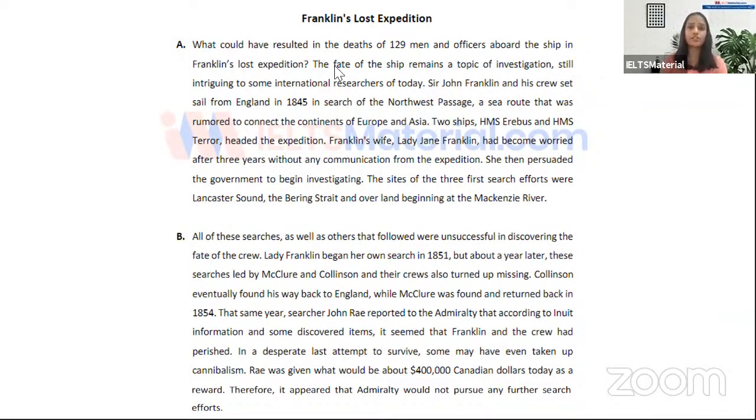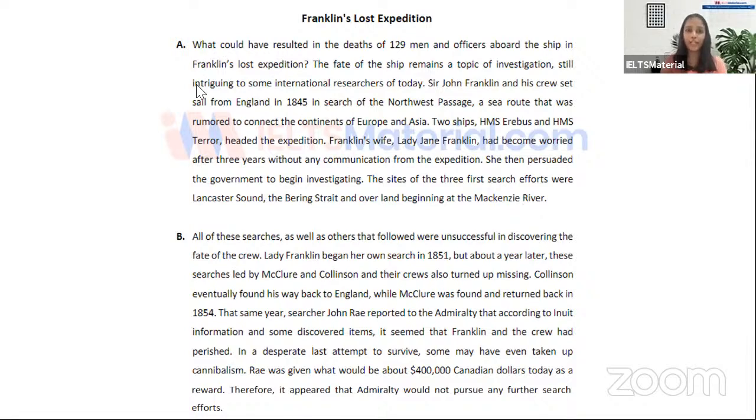Now, the reading passage A. Here, I'm just going to skim through the passage real quick. We don't have to understand each and every word and remember every meaning of the sentence. Just quick reading and understanding the main idea. So what could have resulted in the deaths of 129 men and officers aboard the ship in Franklin's Lost Expedition? That's what the topic is about.